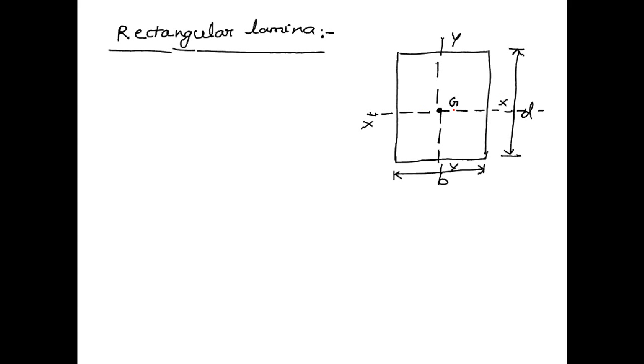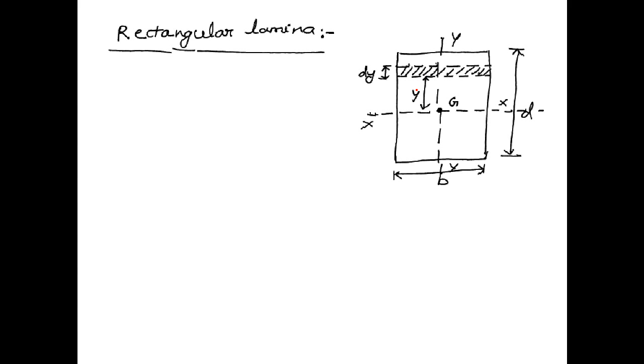Now I am considering one elemental component, an elemental rectangular strip, in this plain rectangular lamina, which is having depth dy, and the distance of this strip from the axis xx is y.